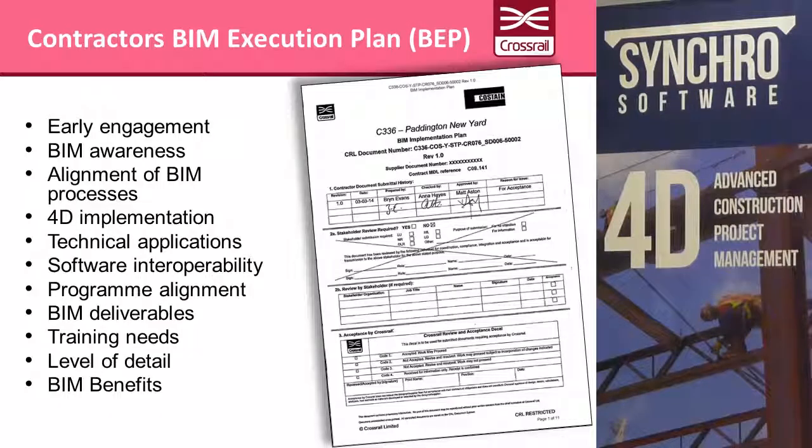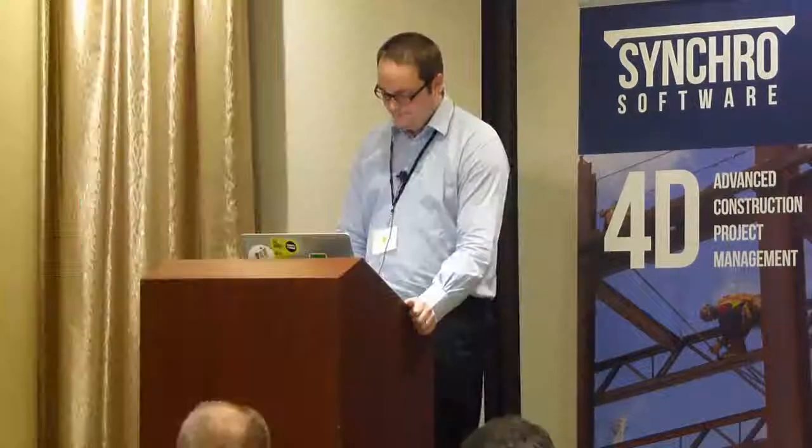We do a BIM execution plan, and this just essentially formalises what we've just agreed. It documents what we're going to agree, amongst other things. But what's important to us is it puts down in writing what we're going to deliver, what you're going to expect to see at the end of this. So there's no surprises. People don't get to the end and expect it to solve a problem that it never would.